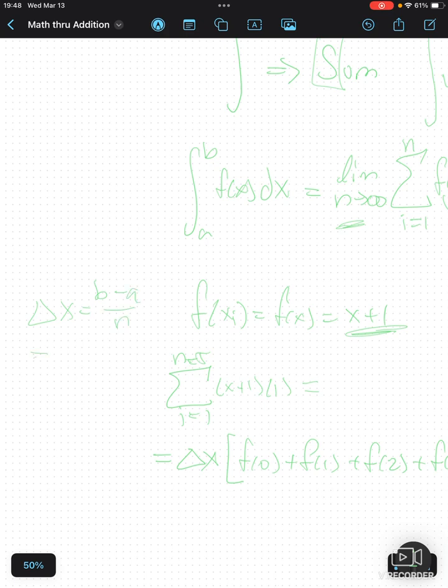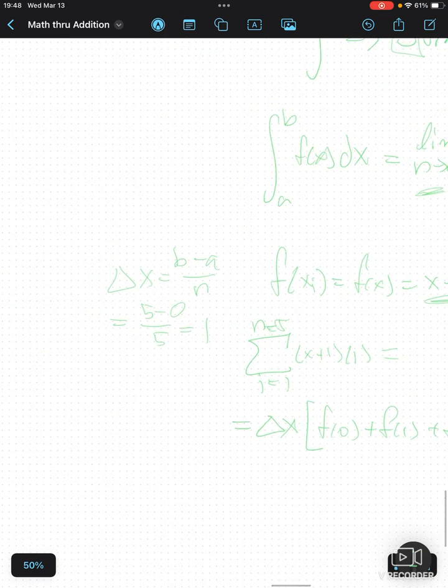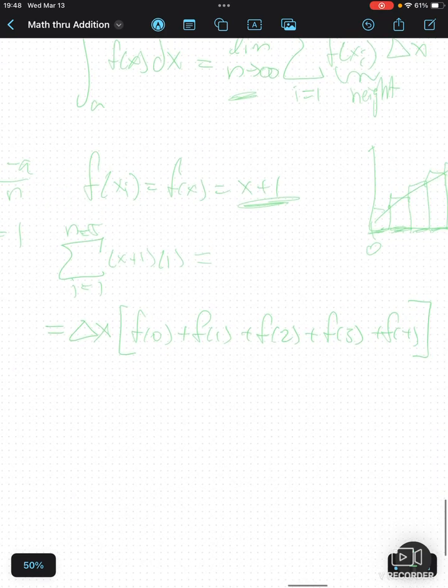This is going to be equal to 5 minus 0 over 5, and this equals 1. Why? Because it's taking from this endpoint to the first point divided by n. It basically gives us the width of each of these. Right under here, as can be seen, delta x, the width. So we know this is equal to 1.